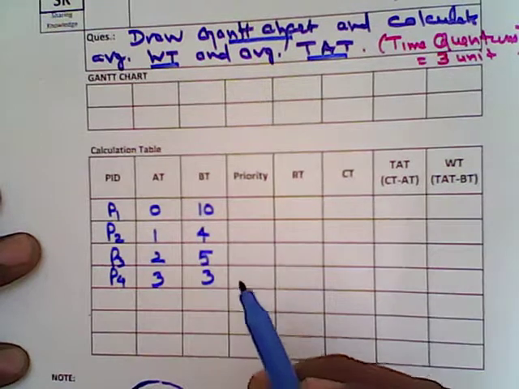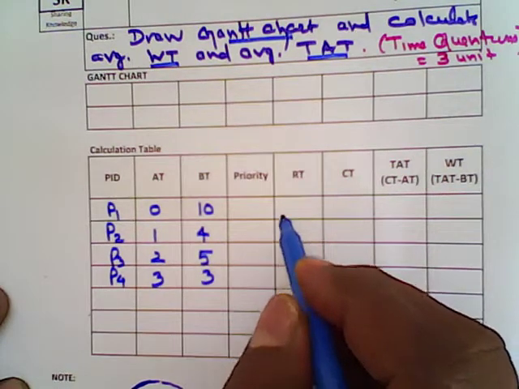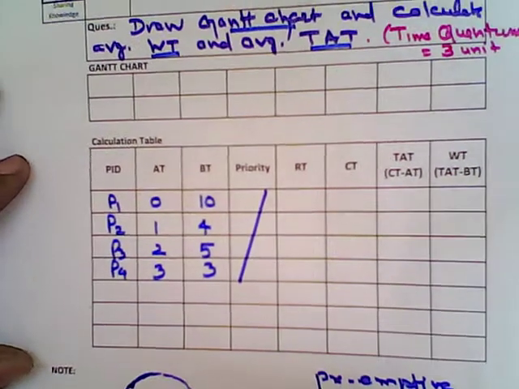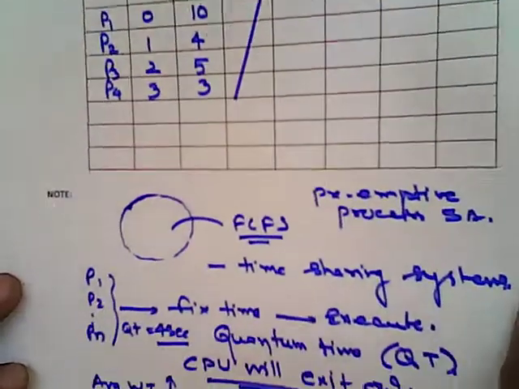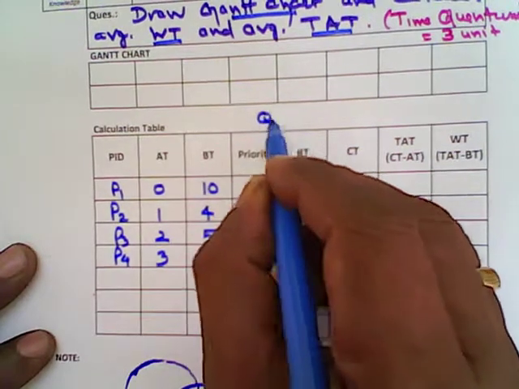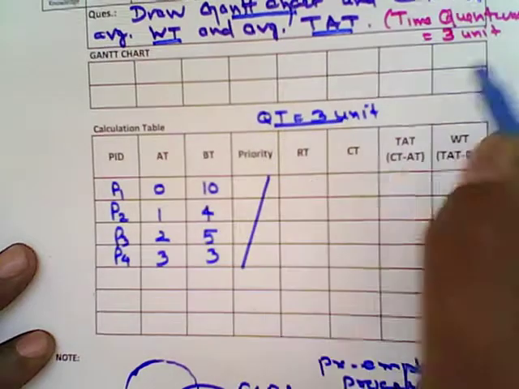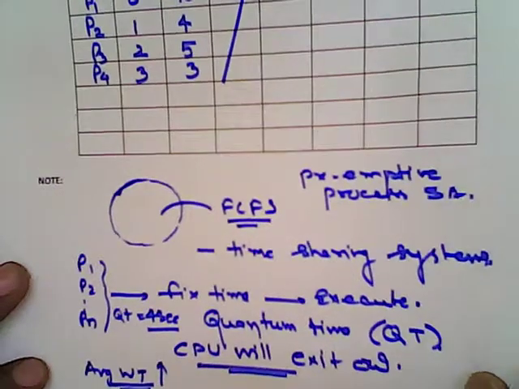Now, just like in FCFS, we don't have a priority here, so I cancel it off. We know that QT is equal to 3 units, as the question itself indicates. So we will first start with the Gantt chart.